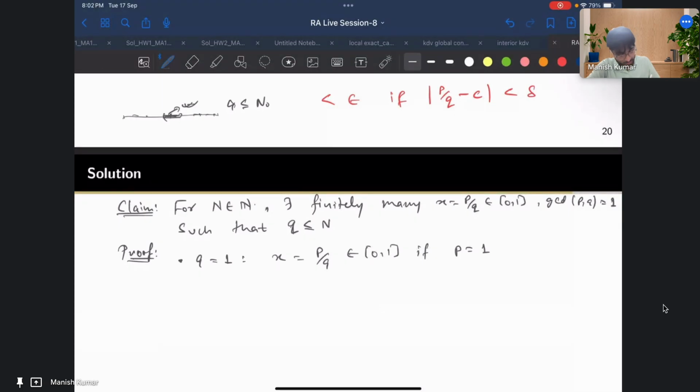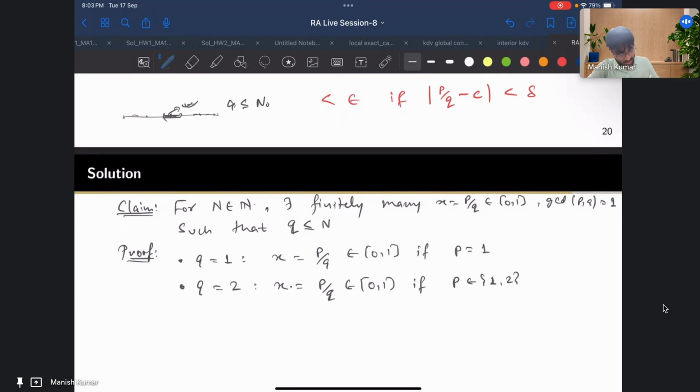Suppose I take q equal to 2, then x equal to p by q will be in (0, 1] only if p belongs to {1, 2}. That is the only choice that we have.